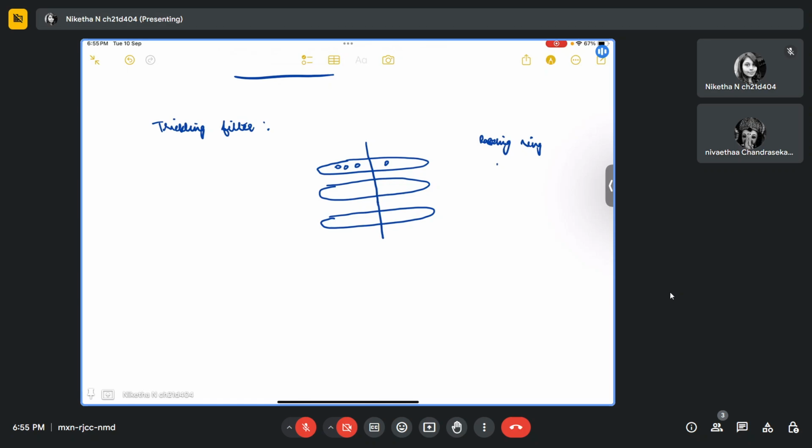So Raschig ring will mean some particles which are cylindrical, basically like this. So this type of particles are there. They will be arranged like this. For the sake of drawing, I'm just making it very distant, but actually they'll be packed together.